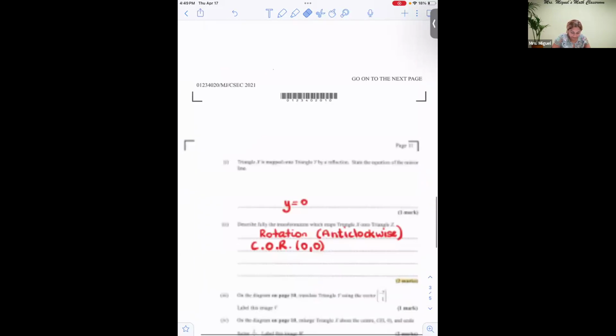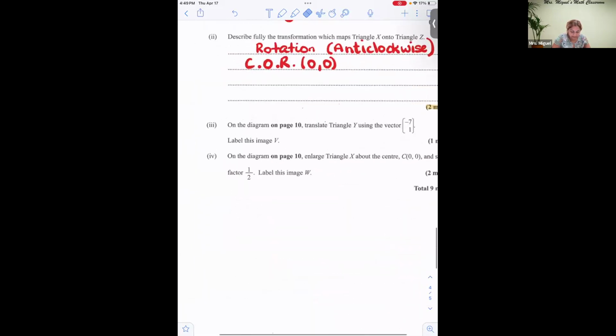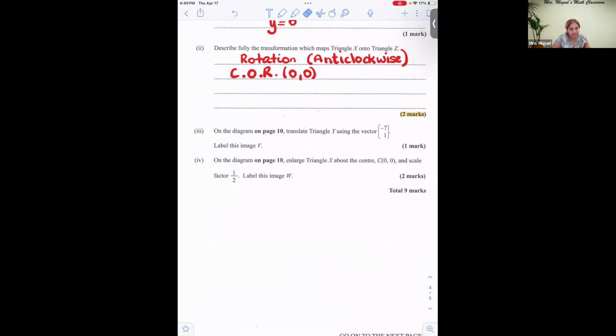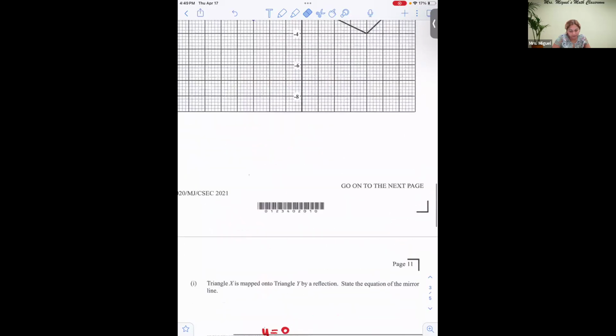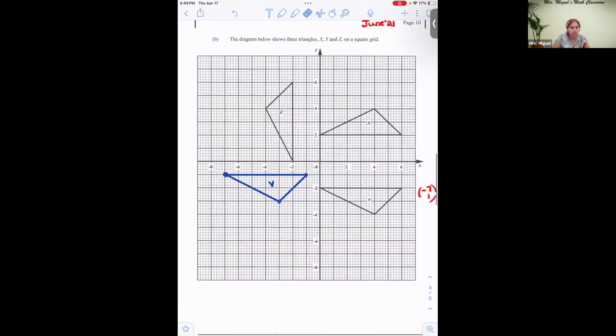All right, so the last part of the question, it says that triangle X is enlarged about the origin with a scale factor 1/2. So if I tell you to go and make a copy of a triangle and make sure it's 1/2, therefore the size is supposed to shrink, right? So here is what we do.